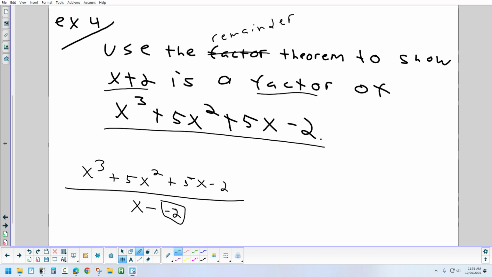And we're hoping to get 0. Let's see. All right, so let's plug in -2. What's -2 cubed? -8. Okay. And Giannalise, -2 squared?